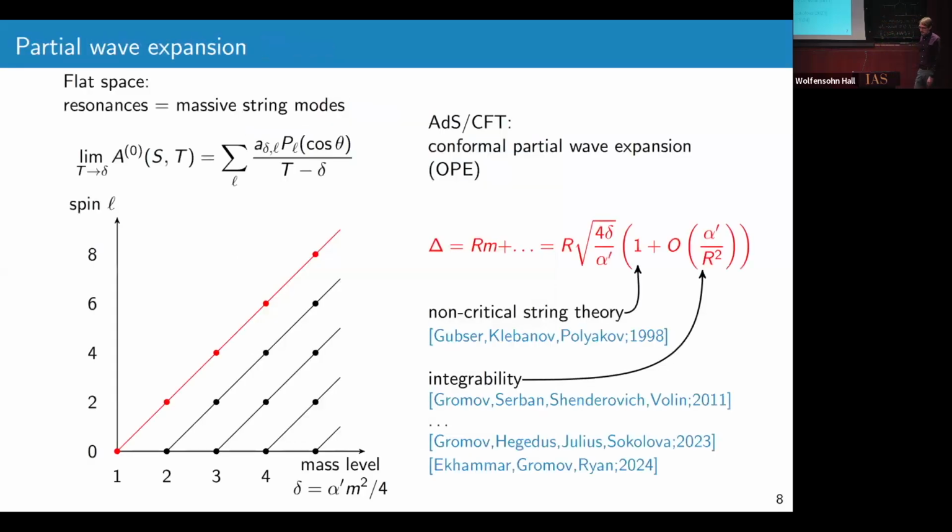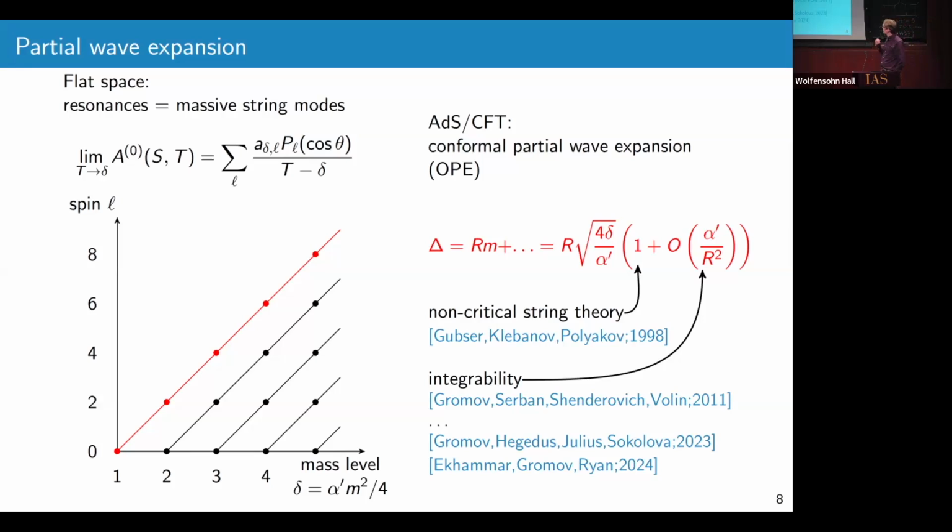So the partial wave expansion in flat space tells us that if we study the resonances of the amplitude, we can extract the massive string spectrum. So we plot here the mass level delta versus the spin L, and we get these famous linear Regge trajectories. And the corresponding concept in AdS-CFT is the conformal partial wave expansion or conformal block expansion.